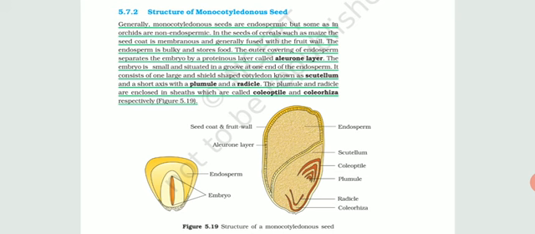The embryo consists of two parts, radicle and plumule. The radicle will give rise to roots and the plumule will give rise to shoot. These are the meristematic regions from which germination has to start, so these need to be protected. Who protects the radicle? The special structure known as coleorhiza, and the special structure that protects the plumule is known as coleoptile. So this was about the structure of the monocotyledonous seed.